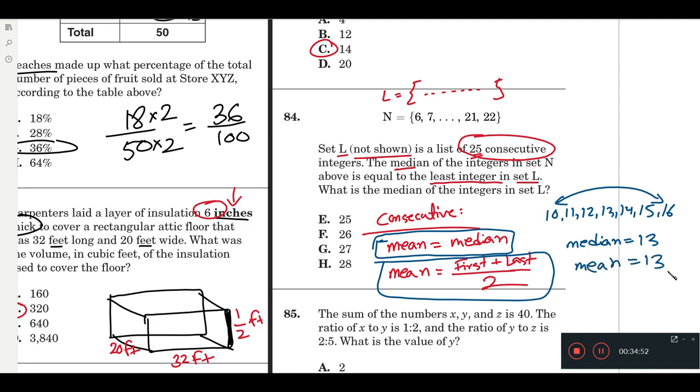You see, mean is equal to median. But if you want to find it the traditional way, add them all and divide by 7, you will also get 13. You get it? But it's only for consecutive, right? Yes, only for consecutive. These are the two privileges you get in consecutive. First of all, if the numbers are consecutive, the mean and median will be the same.